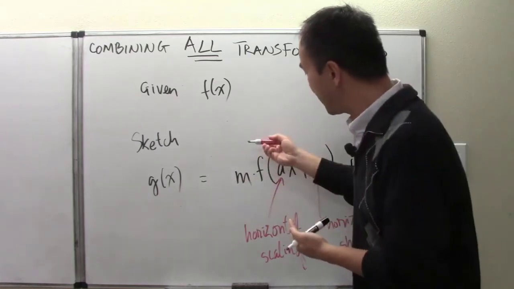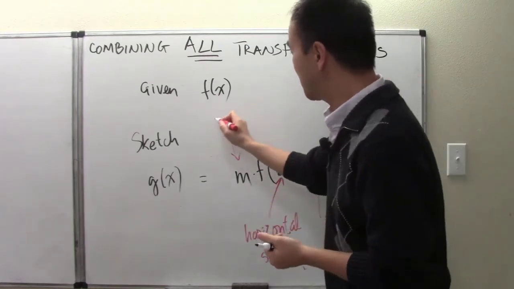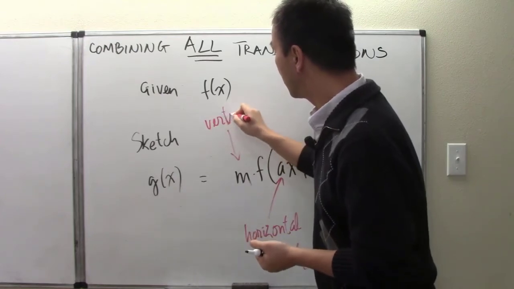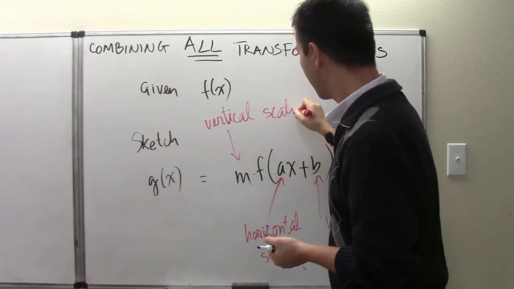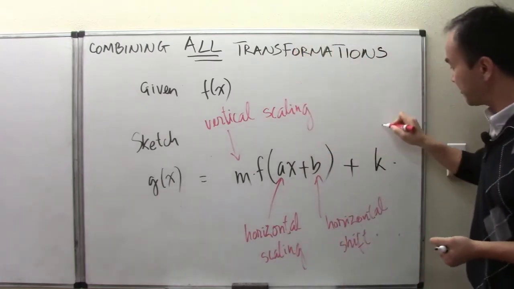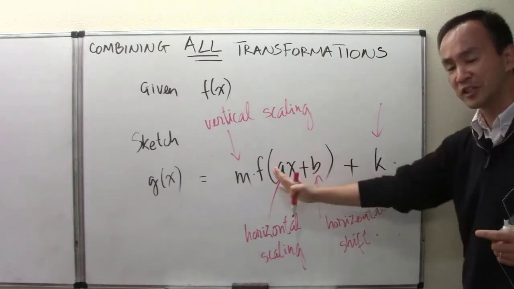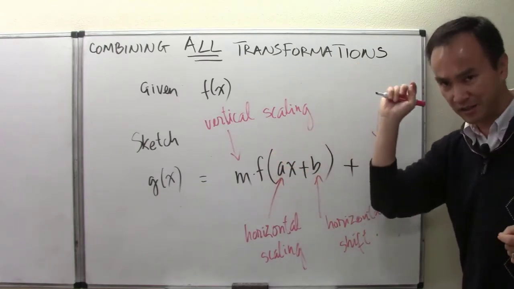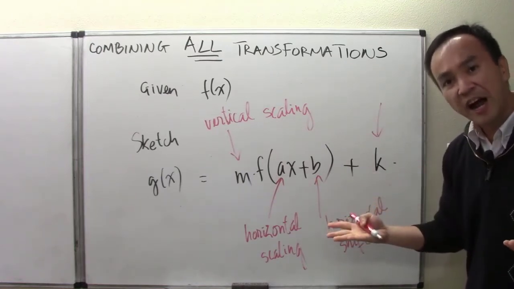This coefficient in front of our function f is responsible for vertical scaling. And this k right here, I don't want to go too far back into each of these, because that would make us go back and learn from the very elementary steps. So here I'm just making that final recap.